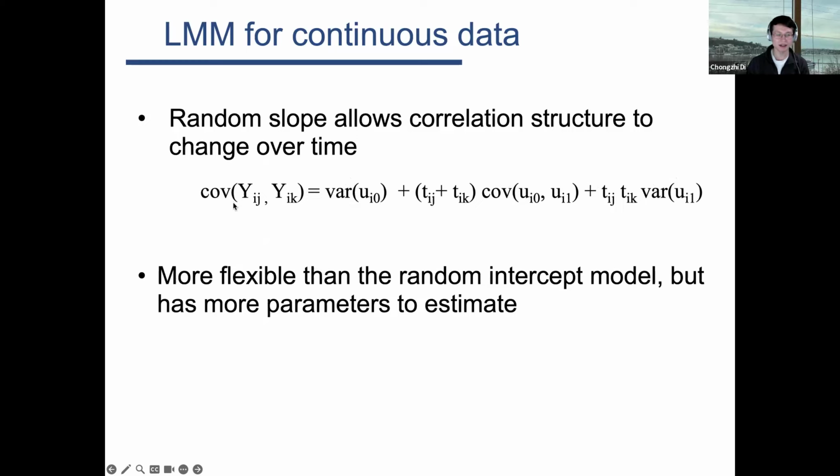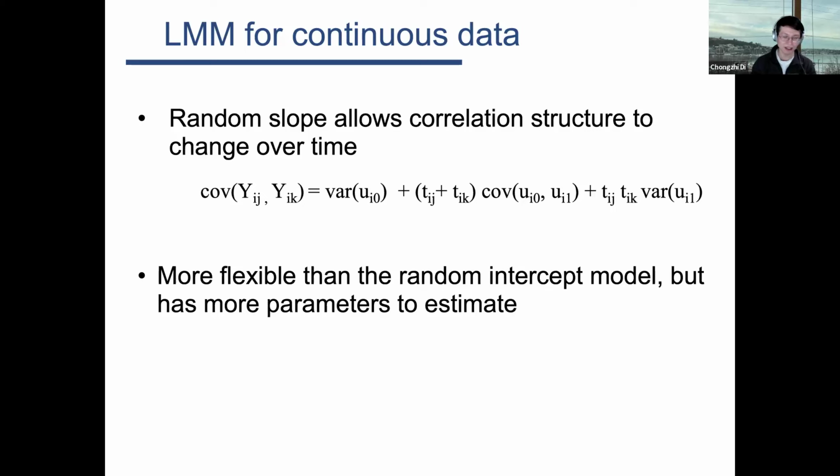What this tells us is that this correlation structure is no longer exchangeable, right? Because it varies based on the times t_ij and t_ik. So the correlation structure is allowed to change over time. That's why this is a little bit more flexible than the random intercept model.